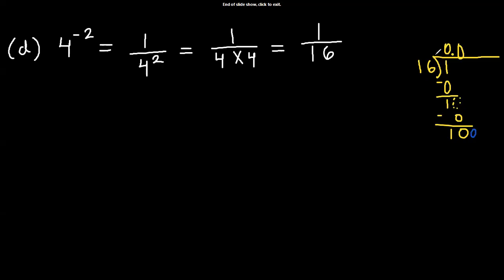It goes in 6 times. 6 times 16 is 96. Minus, 0 minus 6 can't do that, so this becomes 9 and this is 10. 10 minus 6 is 4. Put the 0 behind. How many times does 16 go into 40?